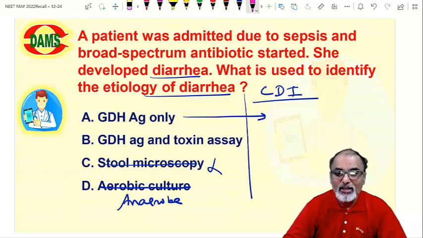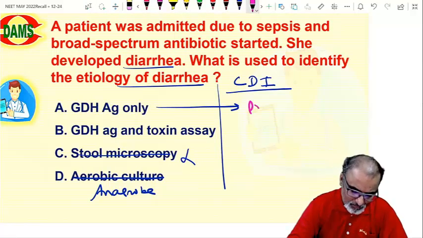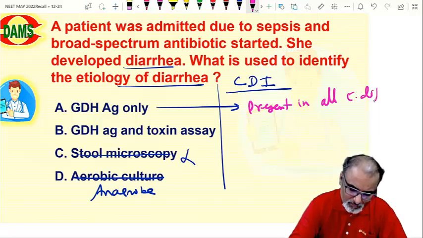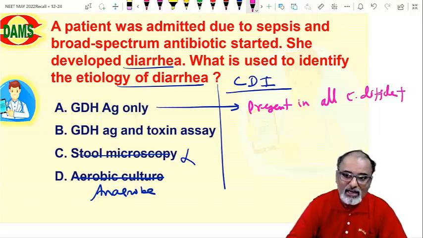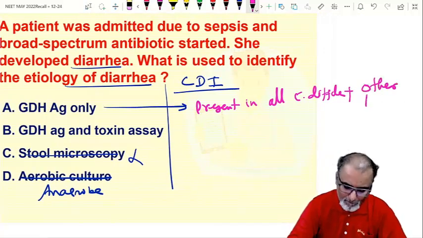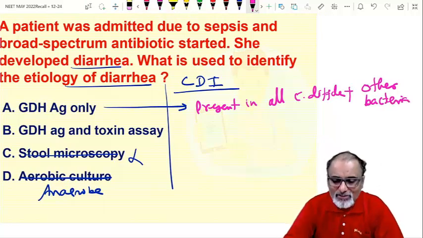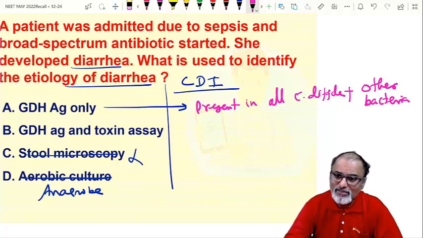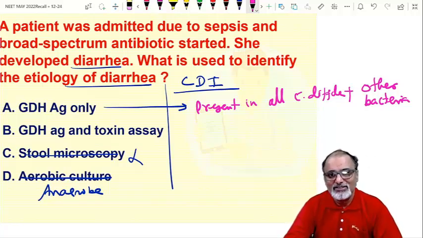GDH is a good one, but it is present in all Clostridium difficile plus other bacteria. Not specific. So if GDH is present, we can say Clostridium difficile is present and a few other bacteria also.